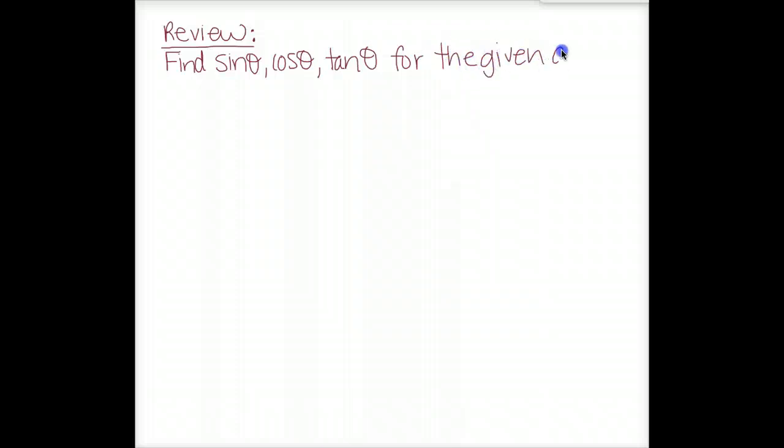So we're going to find sine, cosine, and tangent for the given angles. So let's say that our theta is 450 degrees.